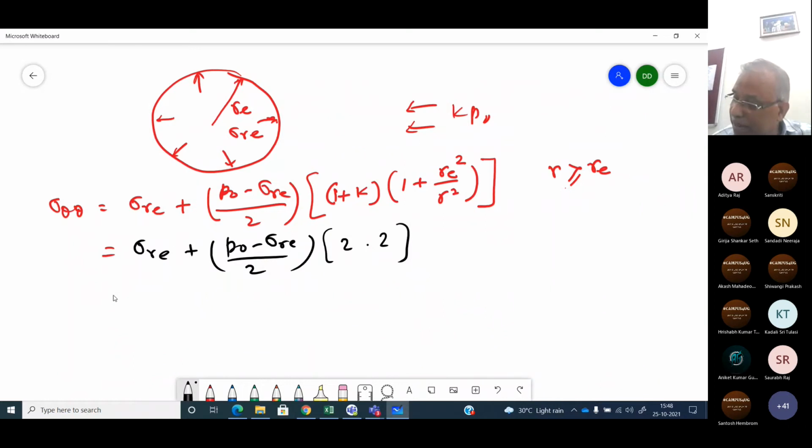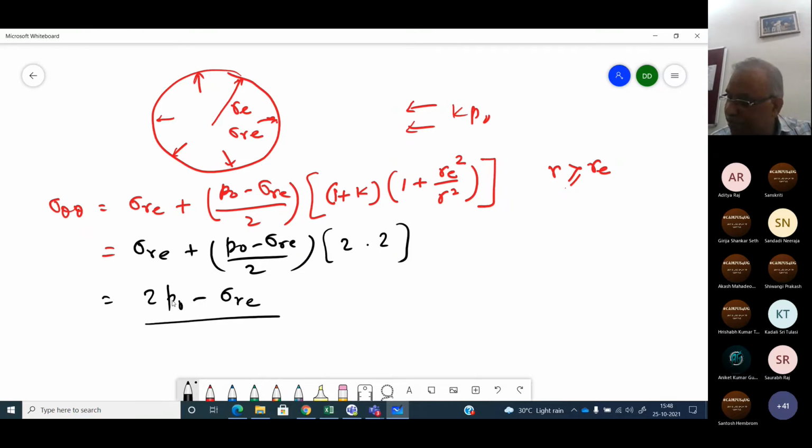So this one will come: 2 P naught minus sigma re. So sigma theta theta at any point there, coming from the elastic side, is 2 P naught minus sigma re.